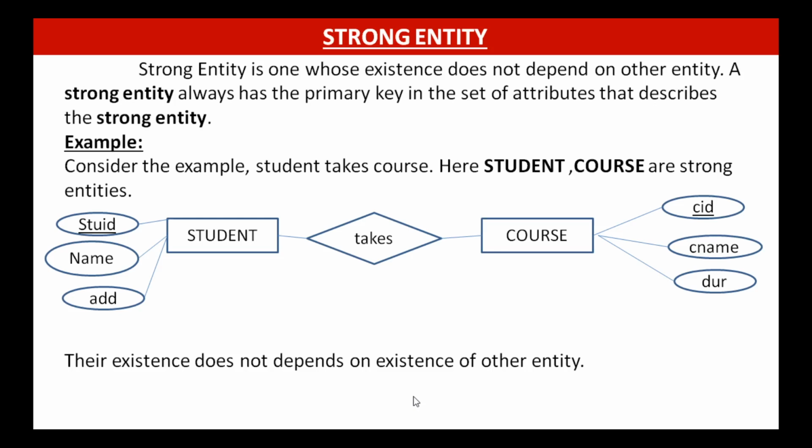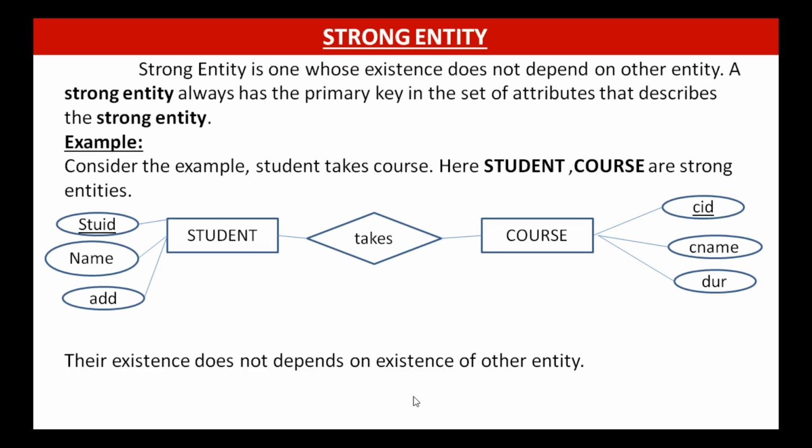So a strong entity is an entity that contains sufficient attributes to uniquely identify all its entity instances. Simply, a strong entity is an entity set having a primary key attribute, or a table which consists of a primary key column.